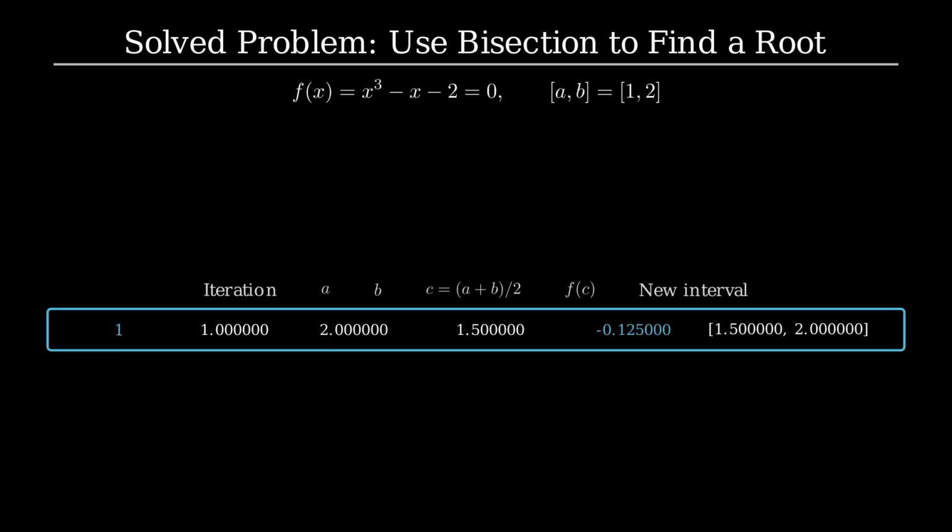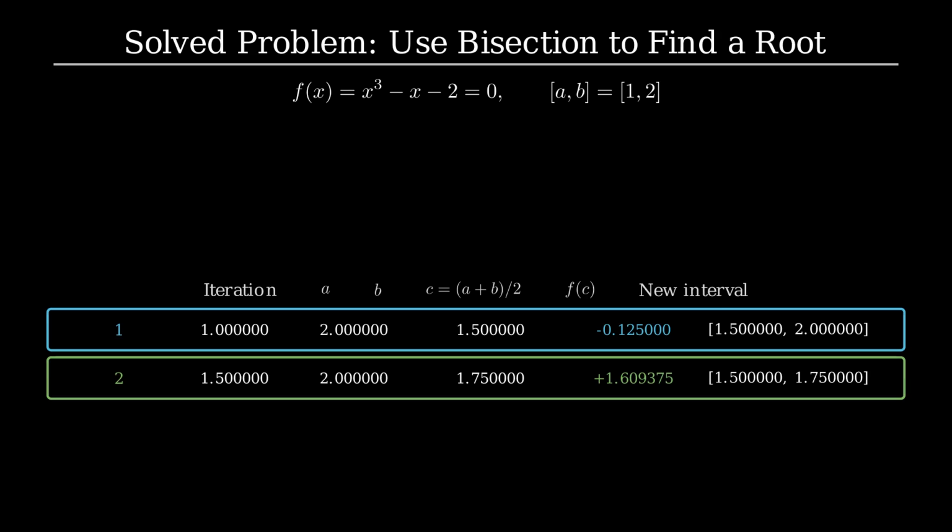The midpoint is 1.5. The function is negative, so the new interval is 1.5 to 2. Iteration 2. The midpoint is 1.75. The function is positive, so the root remains between 1.5 and 1.75.